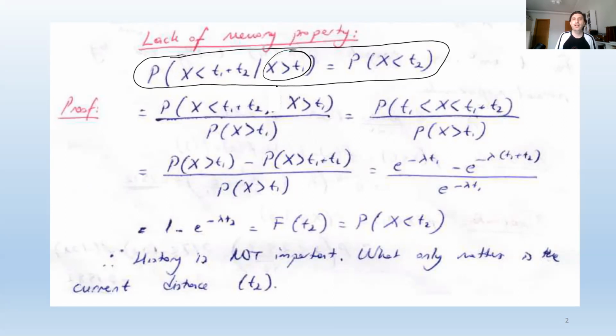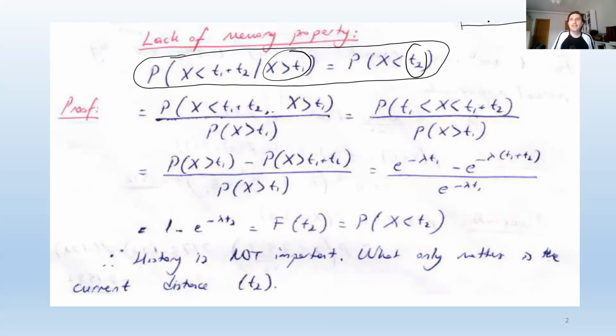Given this condition, we ask what is the probability that x is greater than t1 plus t2. Now, once that t1 has passed, the process has no memory. It is as if starting a process with t2, which is from 0 to t2.